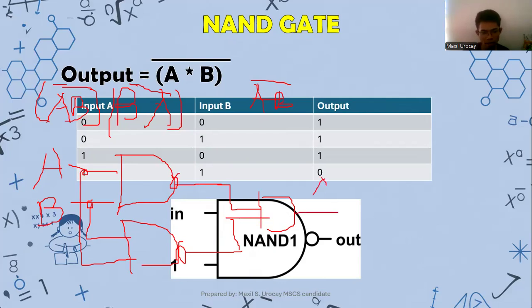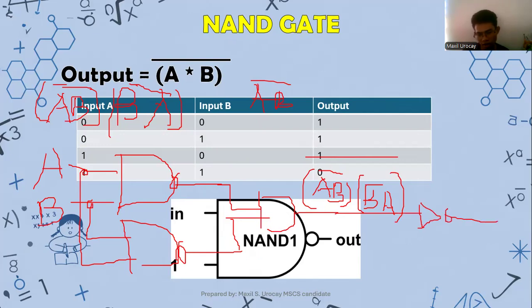So that is AB inverted and BA inverted. If the top is inverted, what we're going to do is put the inversion over everything, like that.